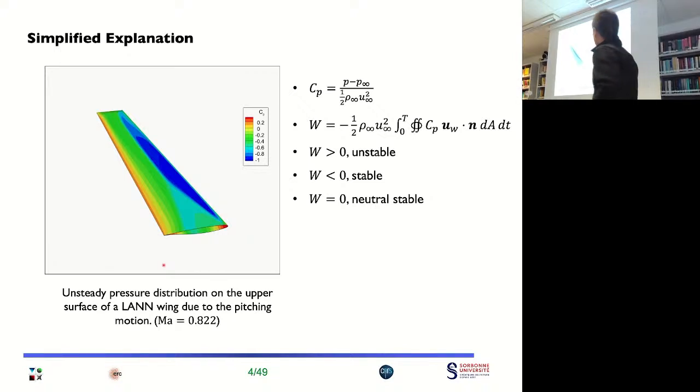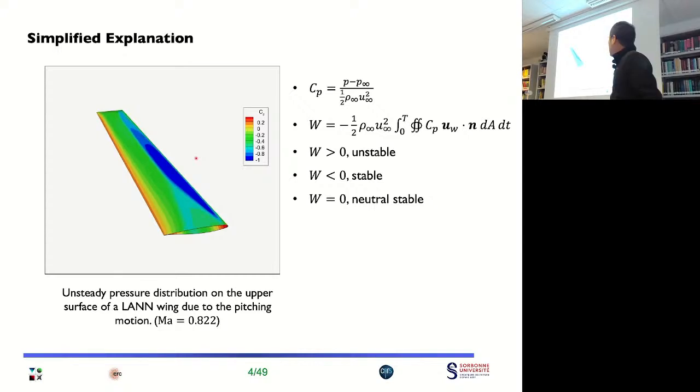So here is a simplified explanation about the onset of flutter. The movie on the left shows the unsteady pressure distribution on the upper surface of a wing undergoing pitching motion. The work done by the fluid on the structure within one oscillating period can be computed based on these integrals.